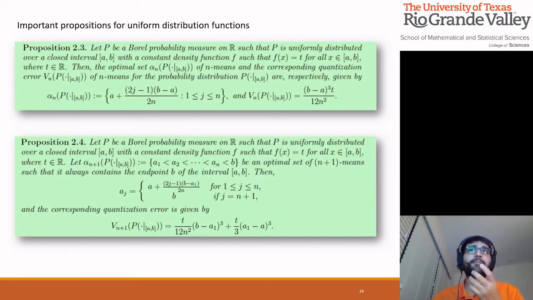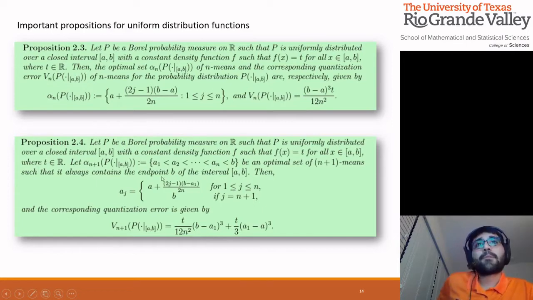This is because the probability is uniform, so we expect the quantizers to be equally distant from each other. We are considering R1 here, so it's very straightforward how we can find those quantizers and the variance as well for the whole set.